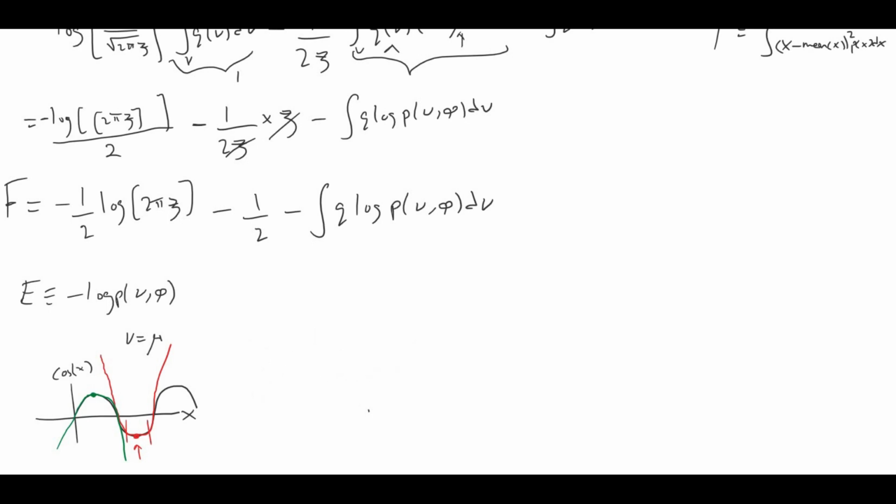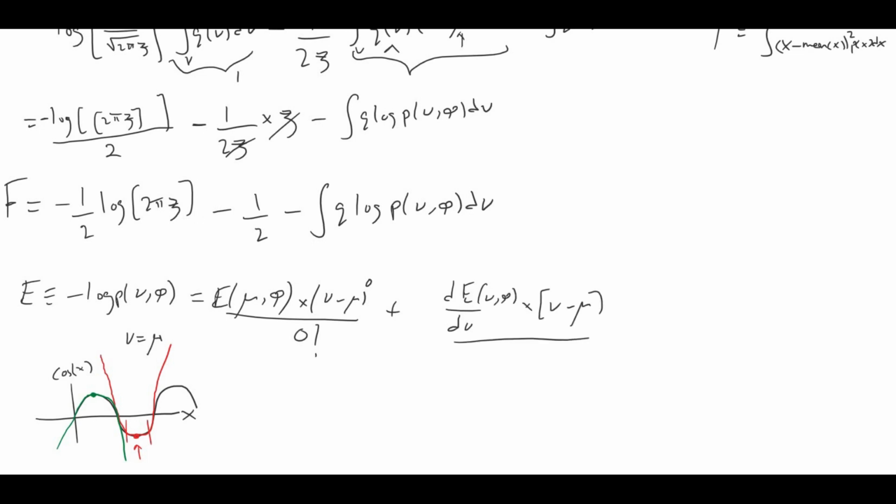And so what will that look like? What we're going to get is essentially E of nu and phi multiplied by nu minus mu to the power 0 over 0 factorial, plus the derivative of E with respect to nu multiplied by nu minus mu over 1 factorial, this is to the power 1, plus the second derivative of E. And here we're evaluating its derivative at mu.